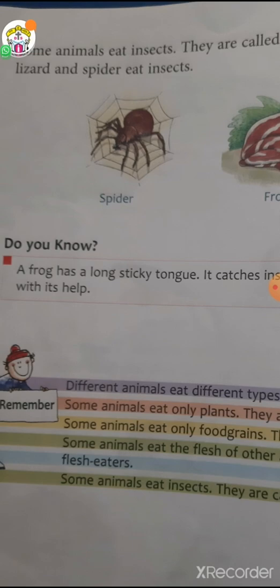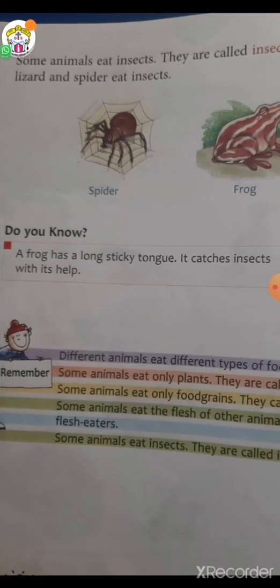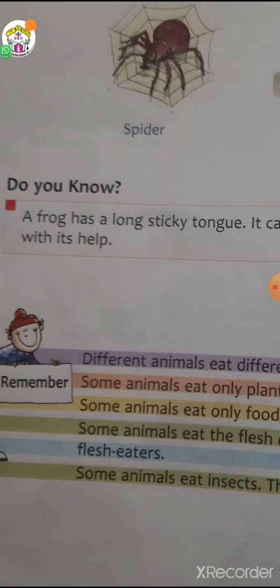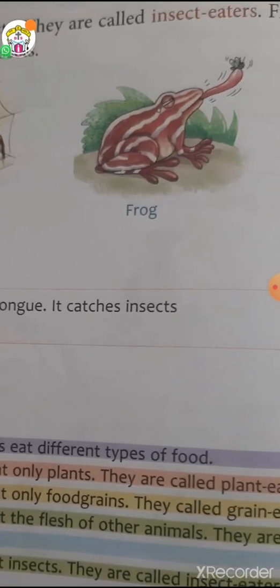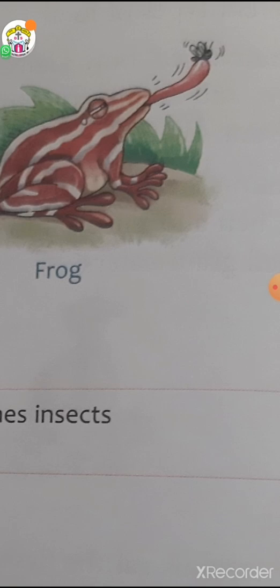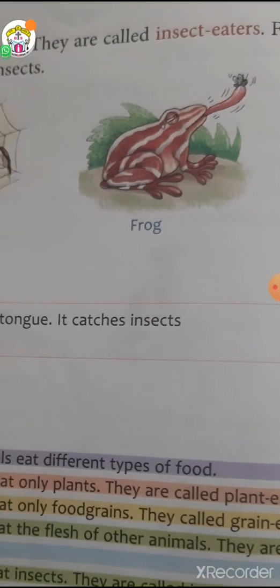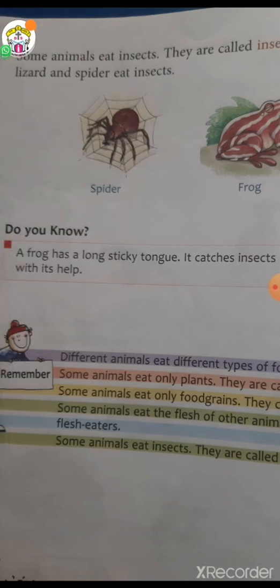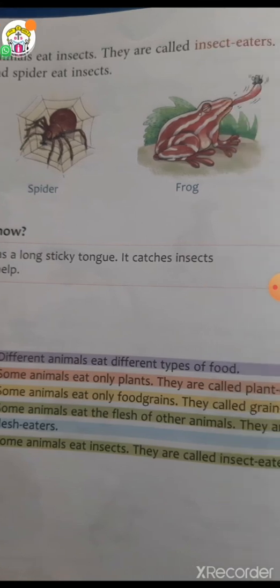Okay, this two lines are informing us something about a frog: a frog has a long sticky tongue. Okay, as I told you just now, a frog has a long sticky tongue. See, we can see in the picture also how long the tongue is coming out with this animal frog. Sticky tongue. It catches insects with its help. अब इस टंग का क्या काम है?